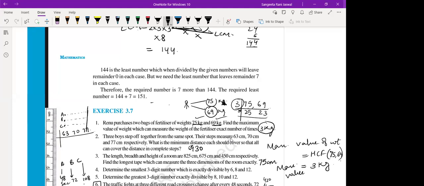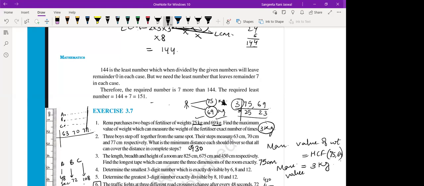Now everyone should complete the distance in complete steps, right? They should not take any small step or any extra large step. So in proper complete steps, they should finish. So what is that distance that they will cover? Are you understanding the minimum distance that each should cover?